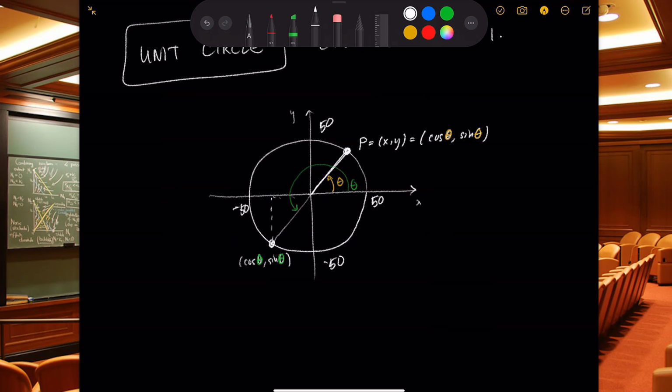Because now this is no longer a hypotenuse of 1. This is a hypotenuse of 50. And so then these sides get scaled up by 50 as well. So that affects these two. This becomes now 50 cos theta, 50 sine theta.